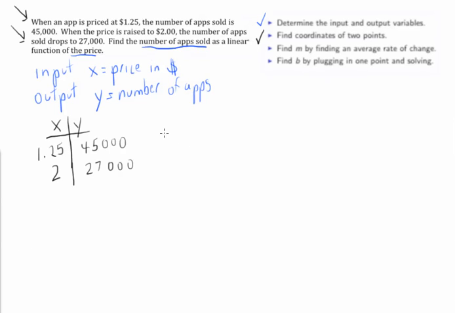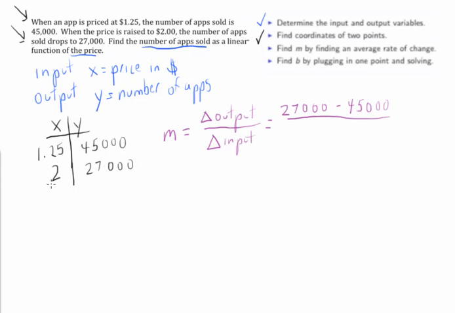Slope time. m, our slope, is the change in output over the change in input. So I'm finding an average rate of change. What I'm going to do here is 27,000 minus 45,000 all over the corresponding input values, 2 minus 1.25.